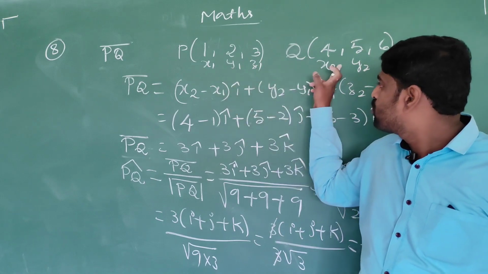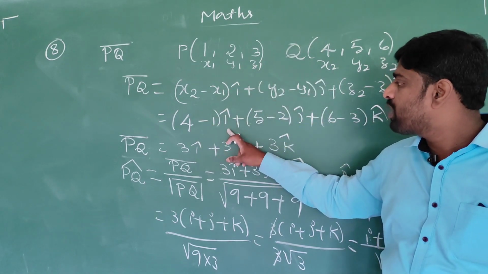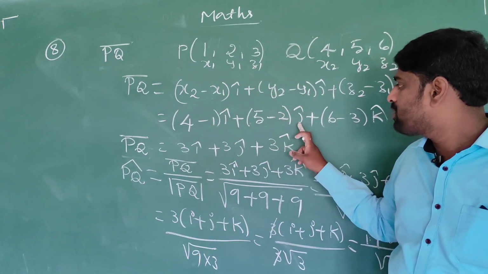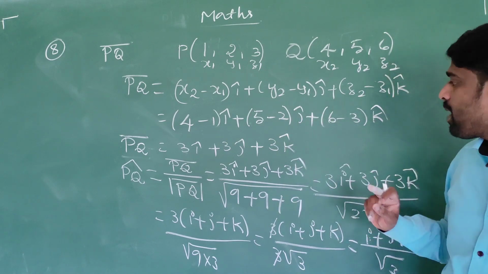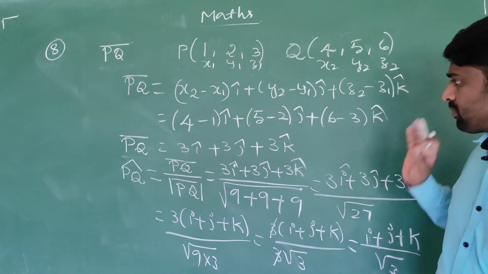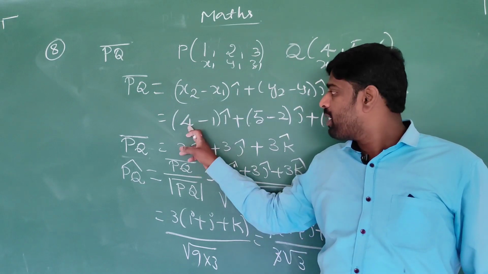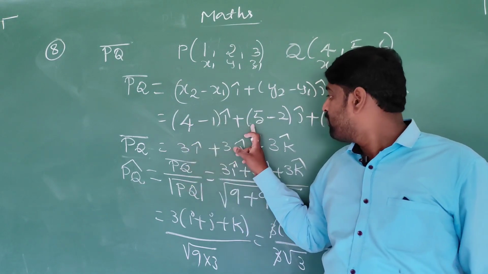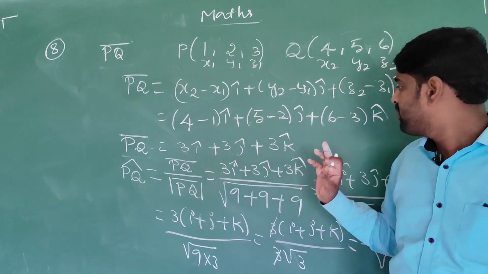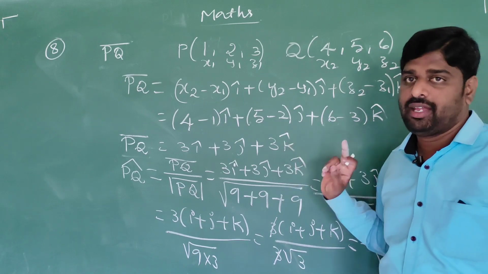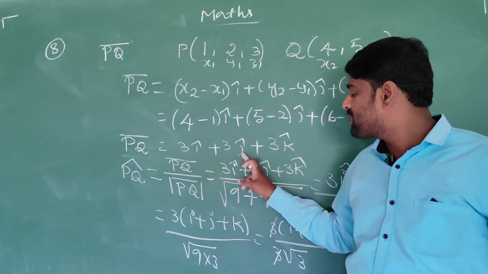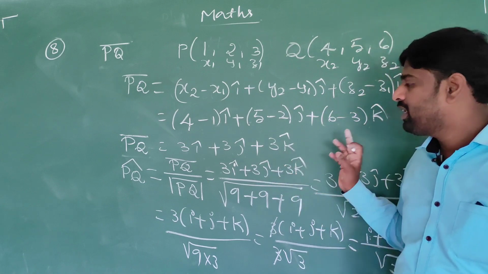So here substitute the points: 4 minus 1 i cap, 5 minus 2 j cap, 6 minus 3 k cap. 4 minus 1 is 3, 5 minus 2 is 3, 6 minus 3 is 3, so 3 i cap plus 3 j cap plus 3 k cap.